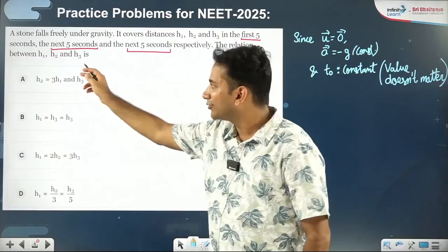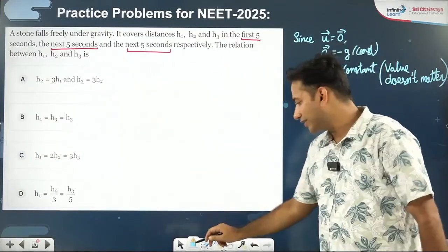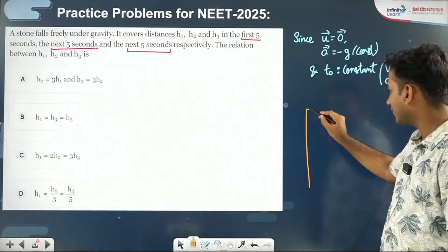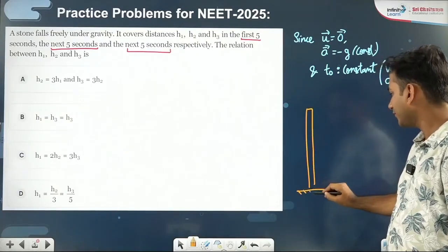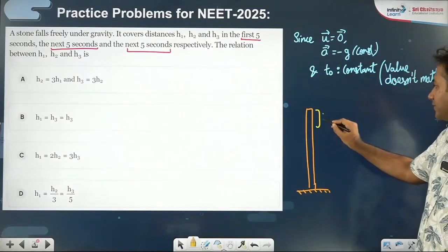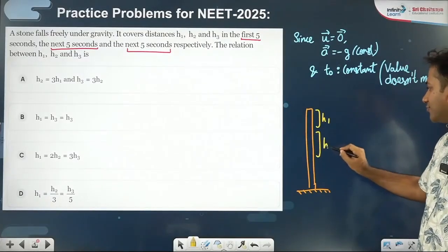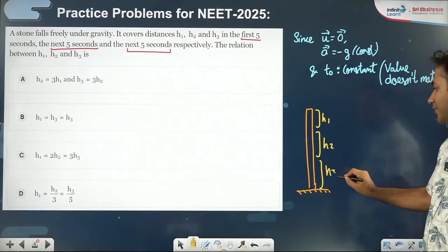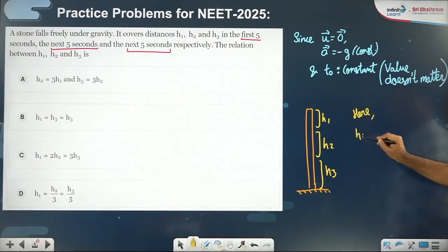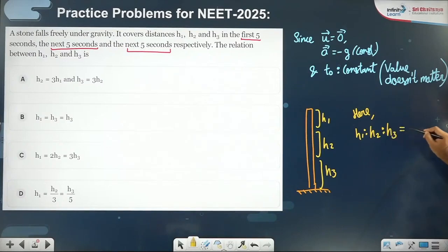So how are they correlating h1, h2, h3? If you imagine a tower, the way we have done, then if this is h1, this is h2 and this is h3, here you will say that h1 ratio h2 ratio h3 will be equal to 1 ratio 3 ratio 5.